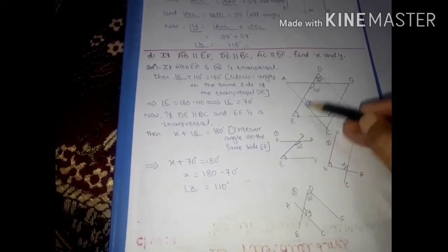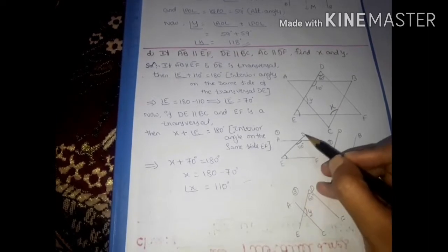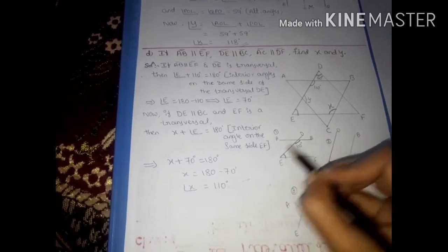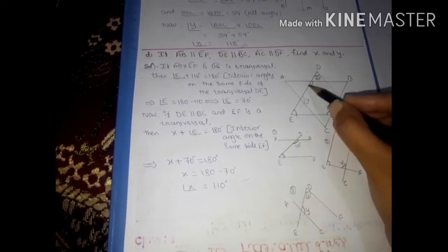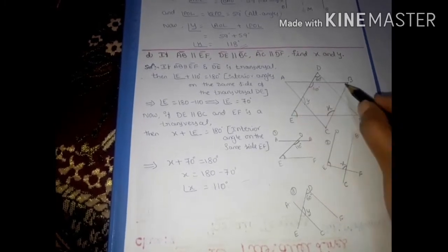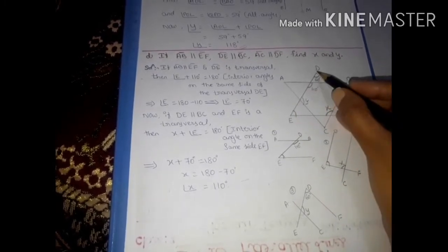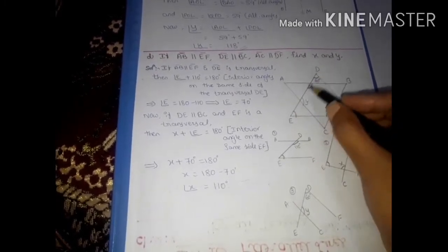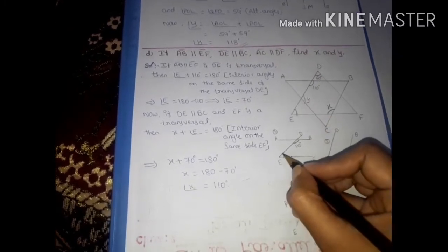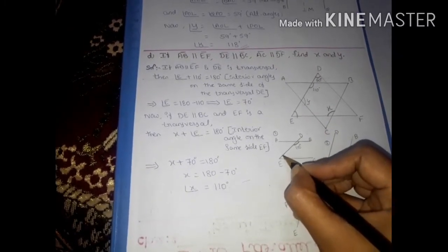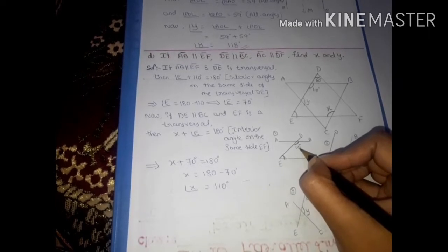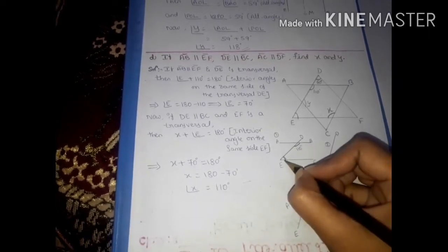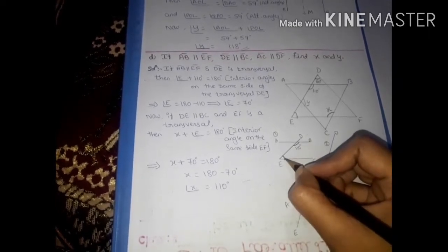When DE acts as a transversal, in the first figure, 110 degree is already given here. For AB line, 110 degree is forming when DE acts as a transversal. Then angle E and 110 degree, these two angles are on the same side of the transversal. Then these two are supplementary.